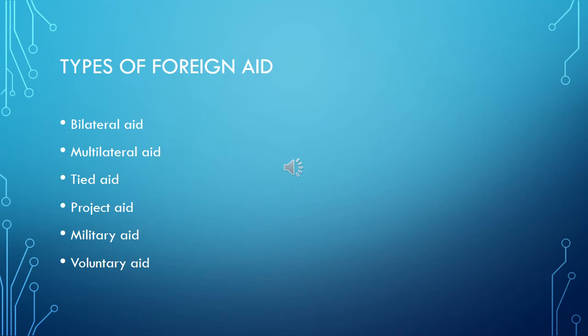The fifth type is military aid. Military aid is never charitable. The US gave about $15 billion in military aid in 2011.